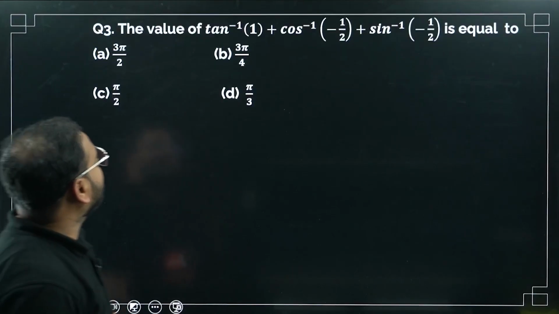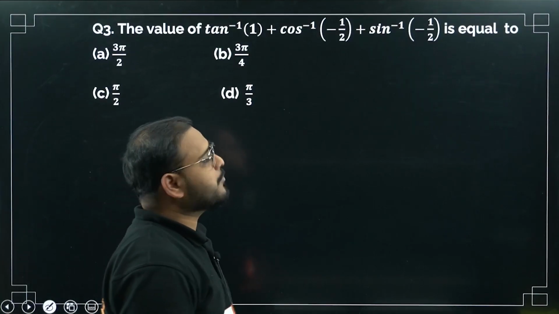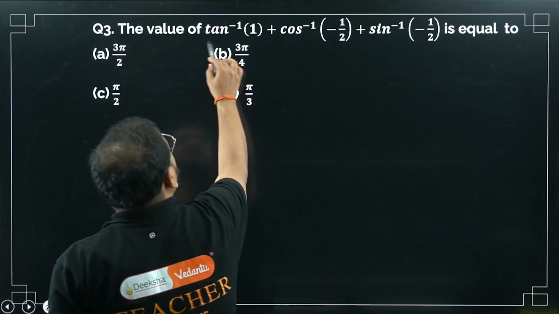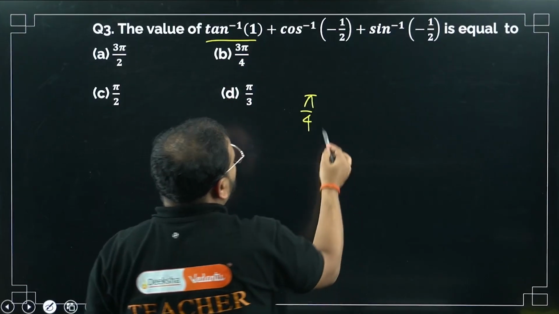The value of tan inverse of 1 plus cos inverse of minus 1 by 2 plus sin inverse of minus 1 by 2 is equal to, we'll have to solve it. Tan inverse of 1 is simply pi by 4. Cos inverse of minus theta will become what?